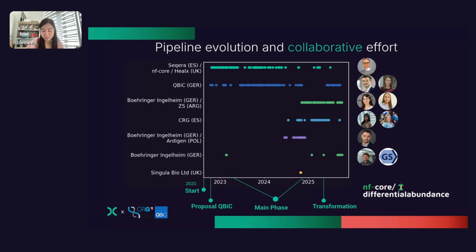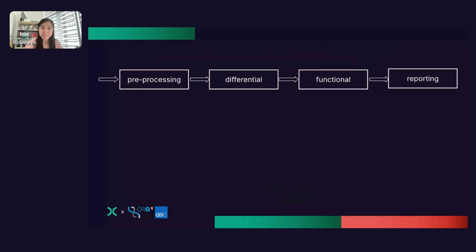I will not get into too much detail about specific implementations, but let me first give you a brief overview of the pipeline and highlight key features. So the pipeline looks something like this. It has 4 stages, basically.